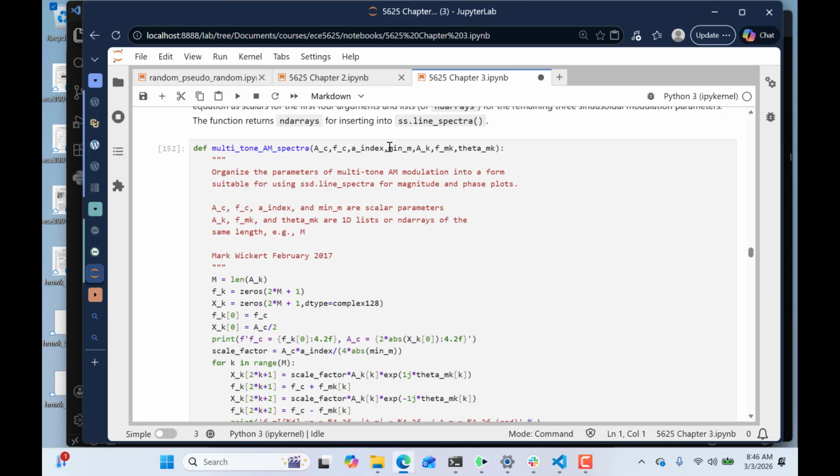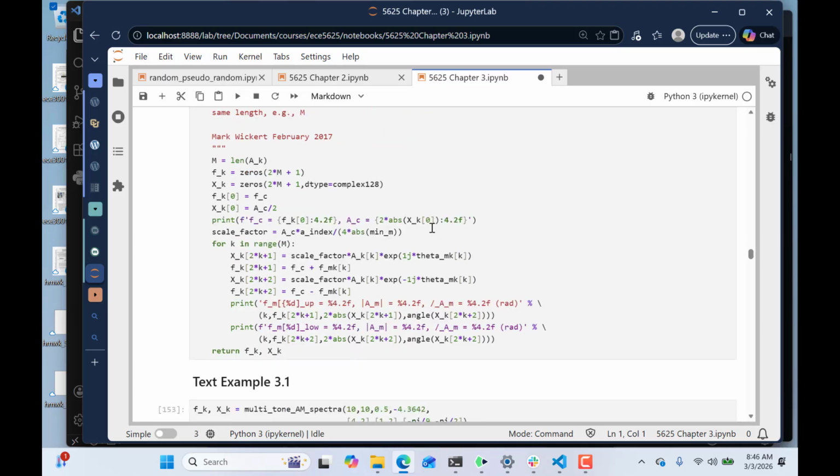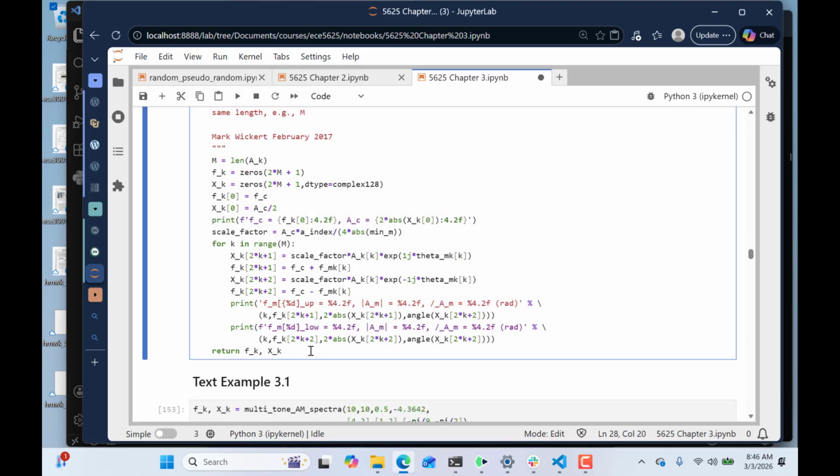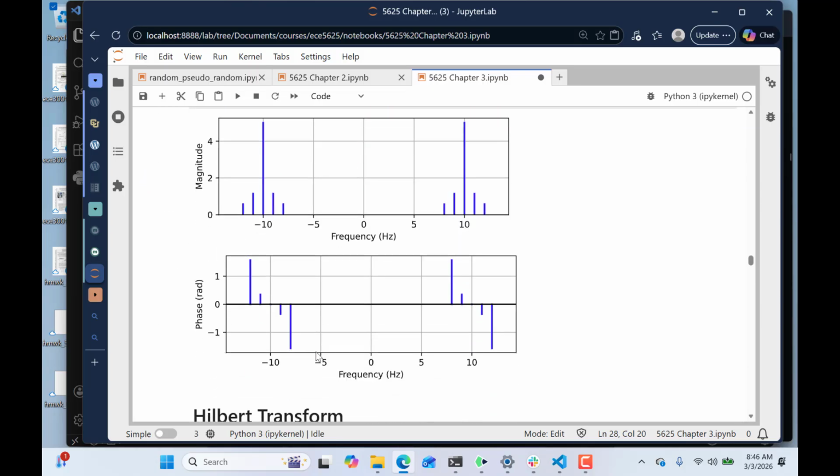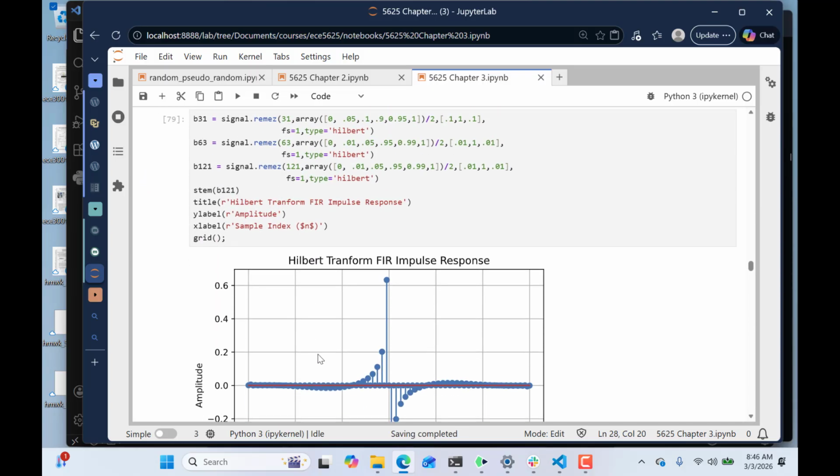ACFCA index. What I was going to do is hack this function slightly and just take out a copy of the waveform. But I have to do a little bit more hacking than I want to do right now. I'd rather start from scratch.